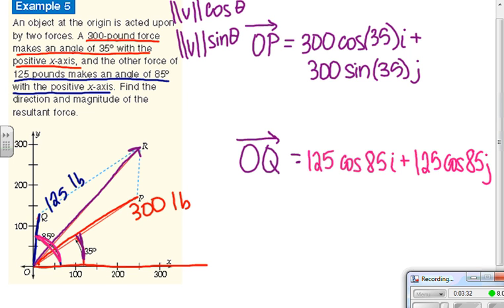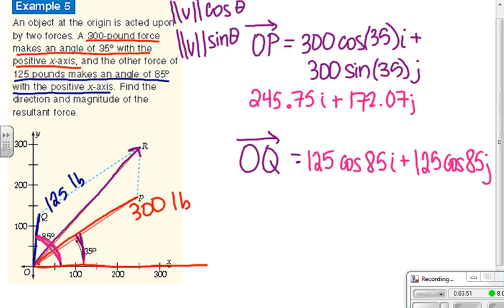So 300 cosine 35 gives us, let's say, 245.75 i, and then 300 sine 35 j gives us 172.07 j.